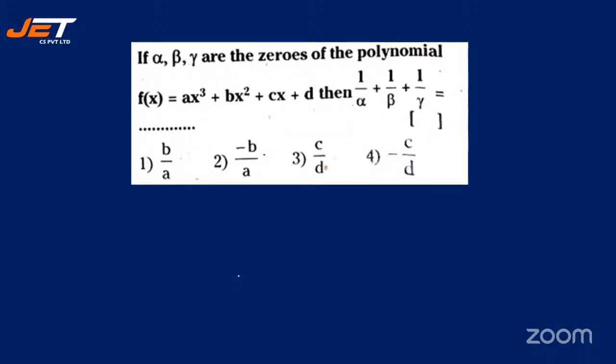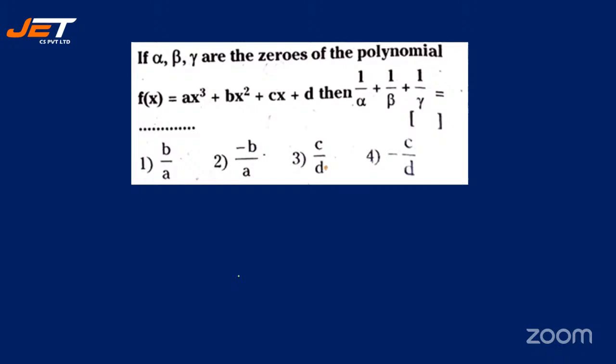Let's see the next question. Alpha, beta, gamma are the zeros of the polynomial f of x is equal to ax cube plus bx square plus cx plus t, then 1 by alpha plus 1 by beta plus 1 by gamma is dash. Okay, so we had already told it is constant.